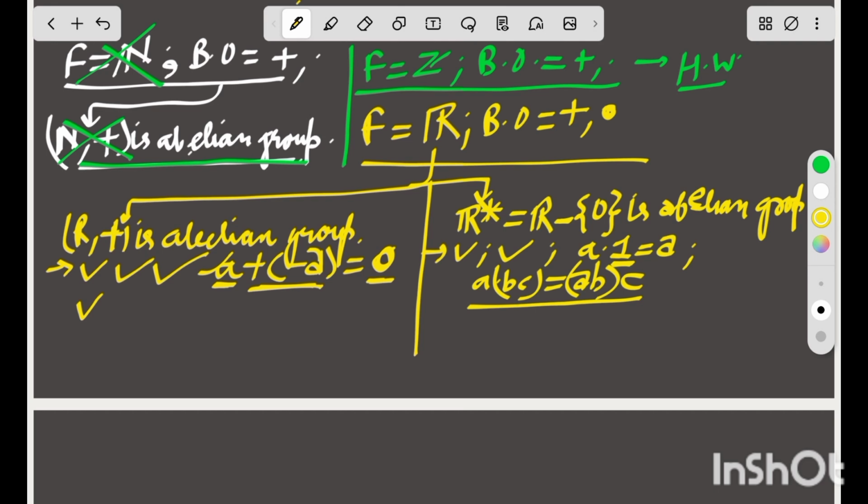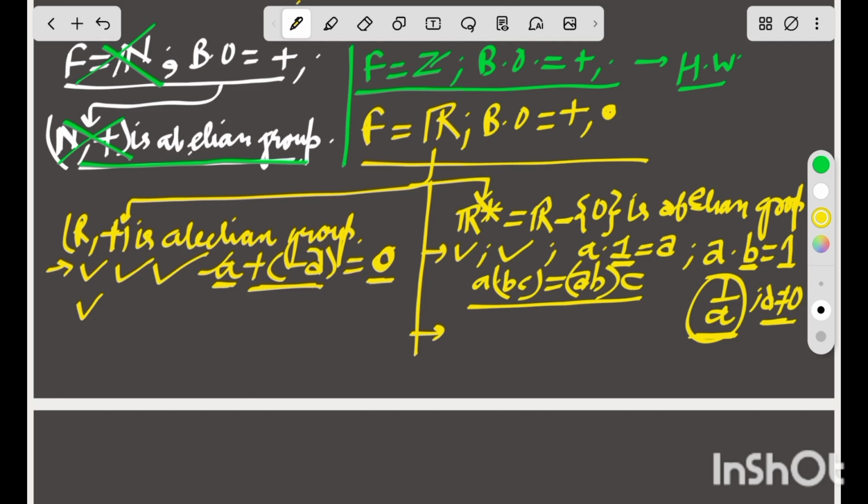Fourth is the inverse. We have to find that particular element B whose multiplication with the A gives us the 1. That element is what? 1 by A. And A is non-zero. Why? Because the element belongs to the R star, and in R star we have excluded the element 0. This implies every element has the multiplicative inverse also, and that is 1 by A.